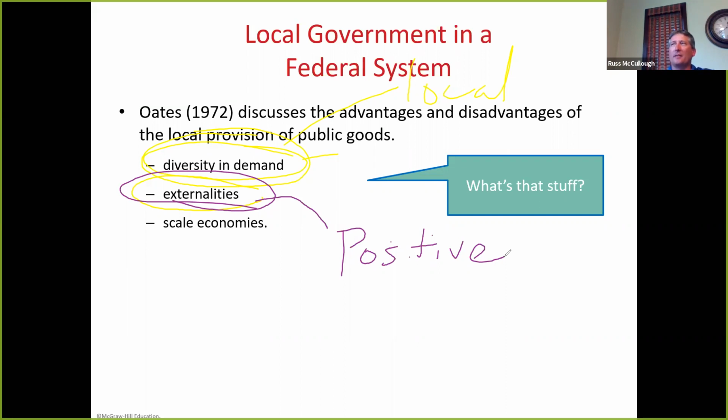Drug bust. Good, Nate. So the drug bust, the transaction, if you will, is the police busting the drug dealers, and that's less drugs that will be out there for other people that might have been impacted by it.